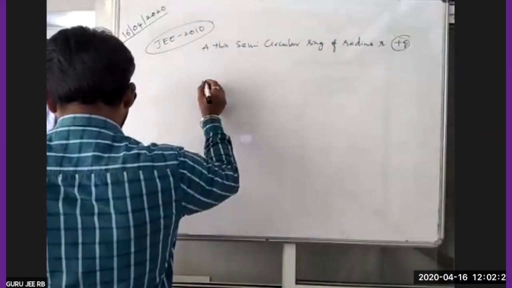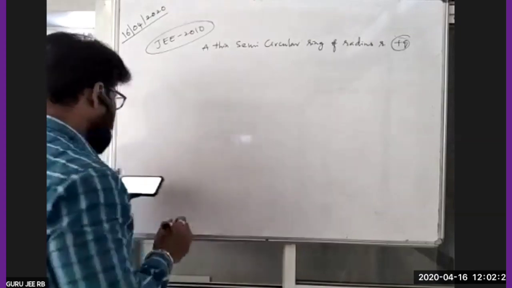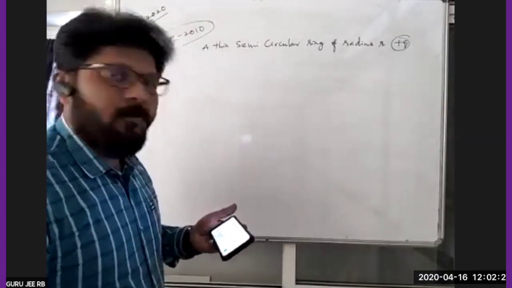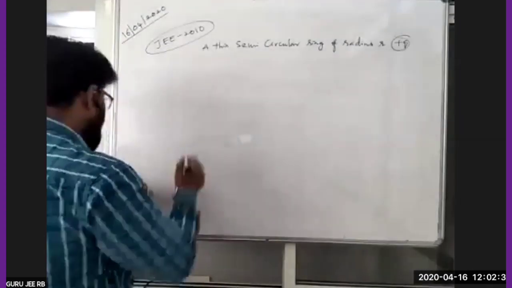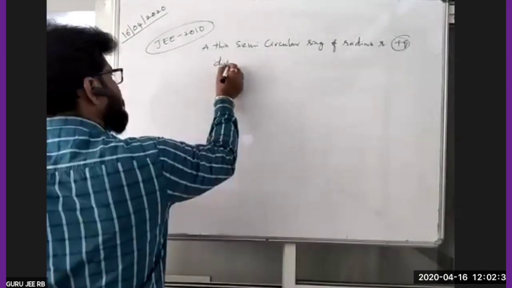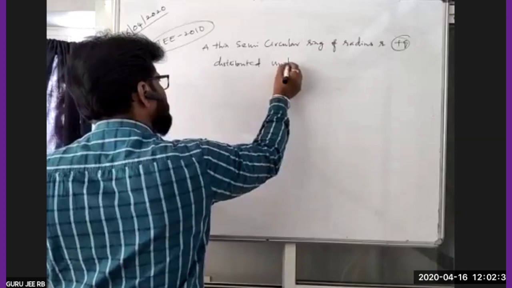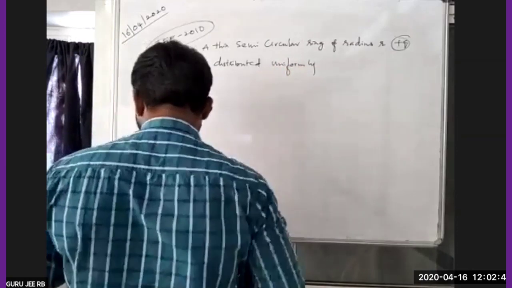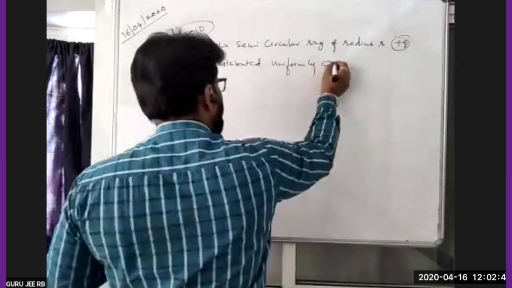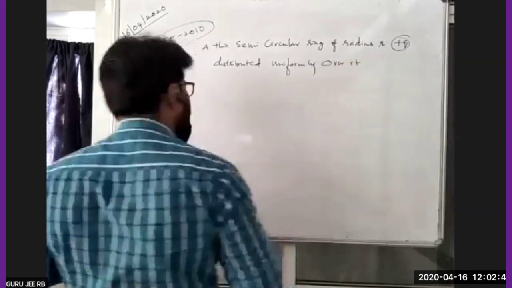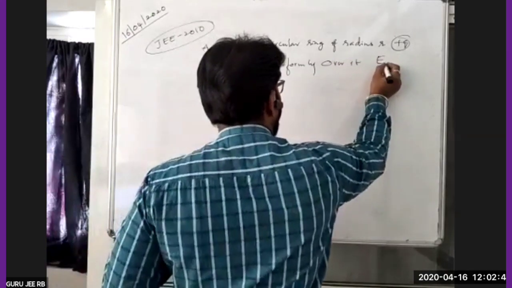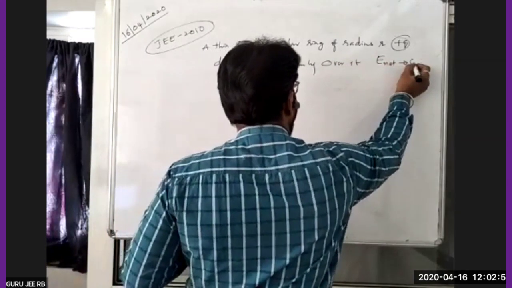Charge Q distributed uniformly over it. Find the net electric field at the center.